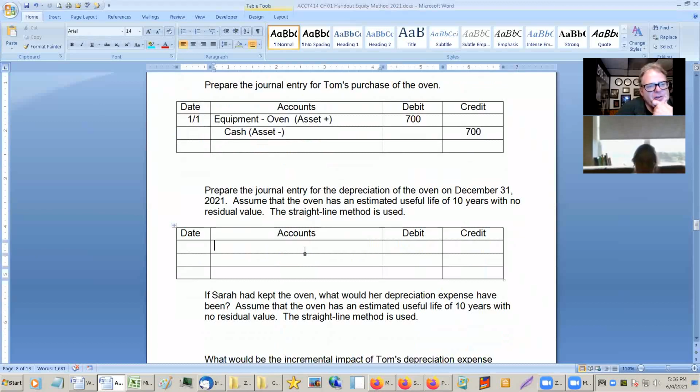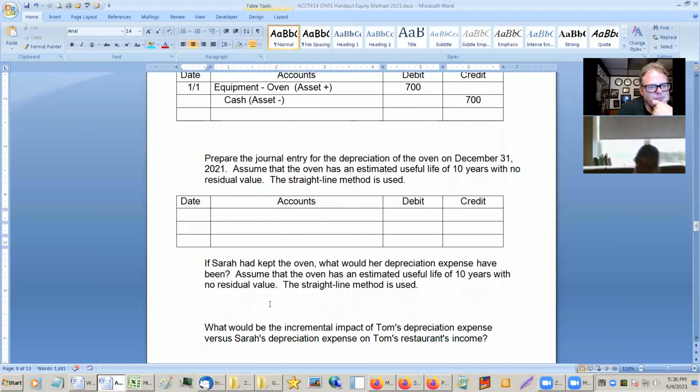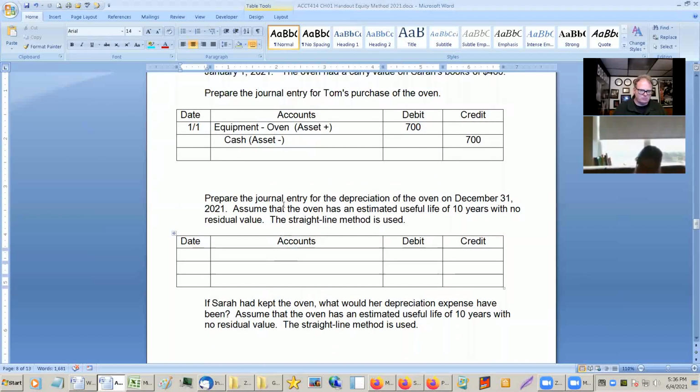All right, so prepare the journal entry for depreciation. The oven is being used for 10 years with no residual value. Remember that journal entry: debit depreciation expense.